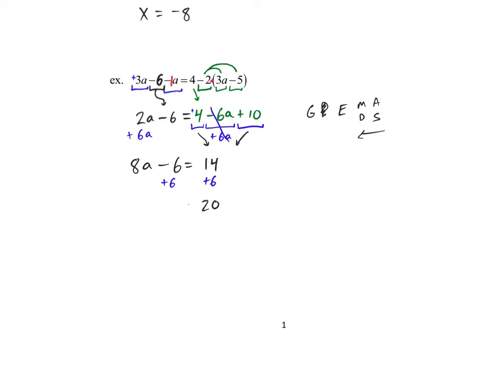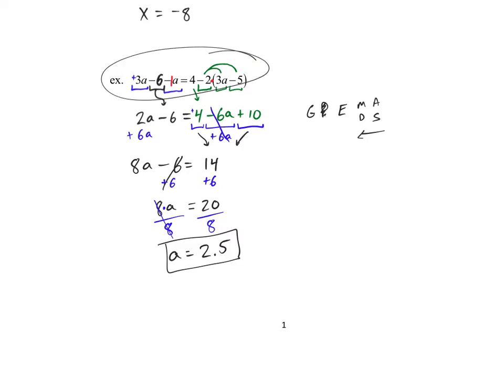So that gives us a 20 over here on the right. And the 6's are gone, so we have 8a equals 20. They multiplied a by 8, so we need to divide by 8, the inverse of multiplication. And doing that, we get a equals 2.5. And again, you should be able to take that 2.5 and plug it in for all the a values up here in this original bad boy, and you should find that it's equal.